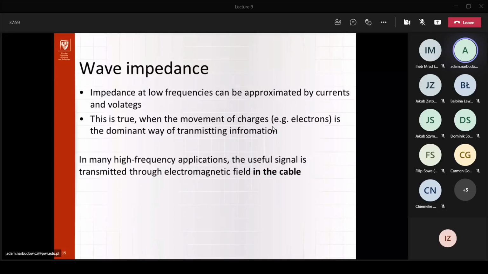Even though if you look at high frequency applications, very often you will see wired cable. However, a significant fraction of the energy of the signal will not be flowing as an electric current in that copper wire, but will actually be transmitted by the electromagnetic field built in the dielectric.